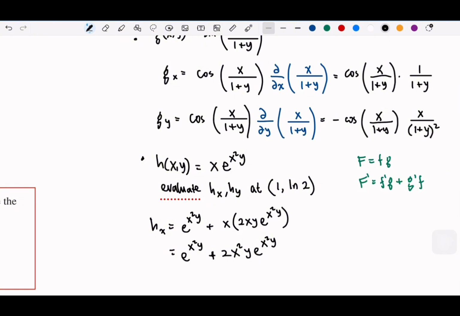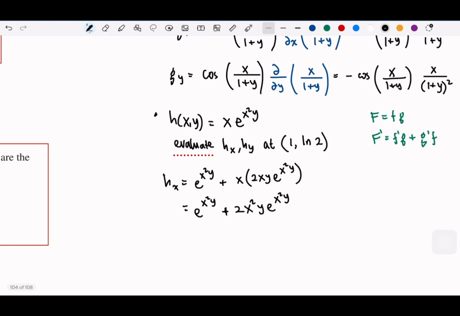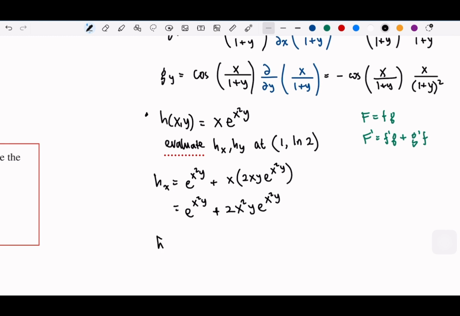Now if we see the partial derivative with respect to y, notice that we only have y in the second component. It means that we just derive this e, and keep x as a constant.